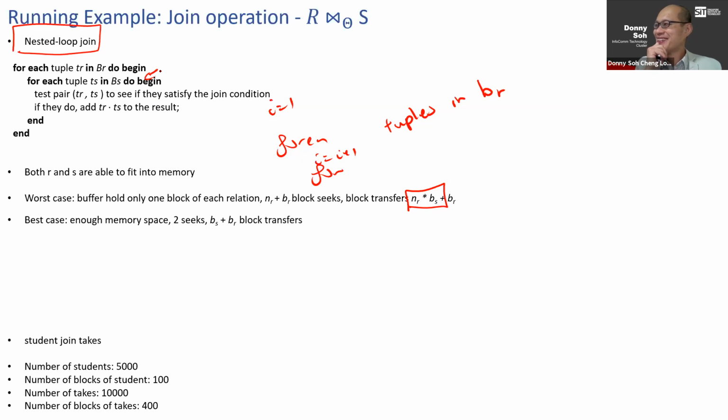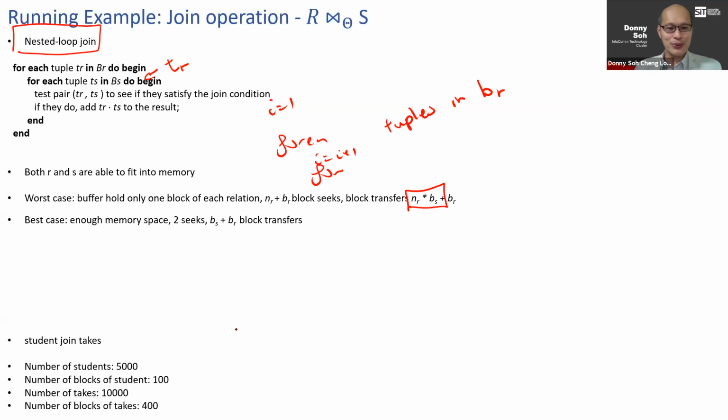How to put it? Okay, I know already. So you see, for each tuple in BR, do this. By right, if I do this one time, this will run TR times. Correct.